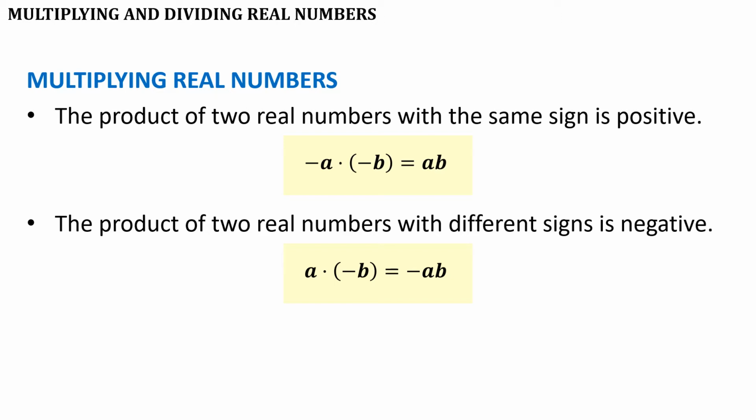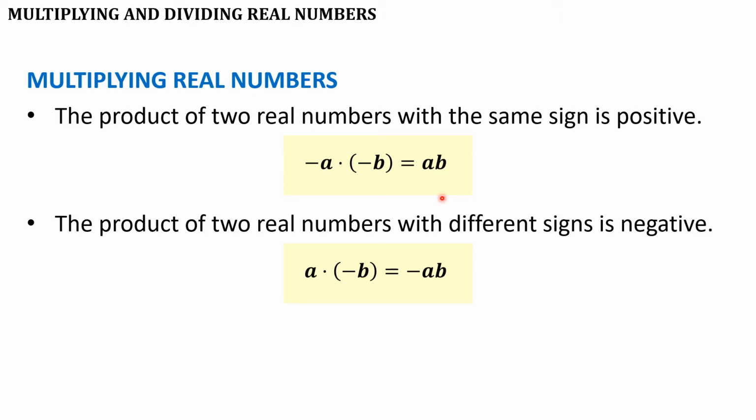When we multiply numbers that have different signs, the product of our expression is going to be a negative number. But if those numbers have the same sign, both positive or both negative, then the result of that multiplication is going to be a positive number.